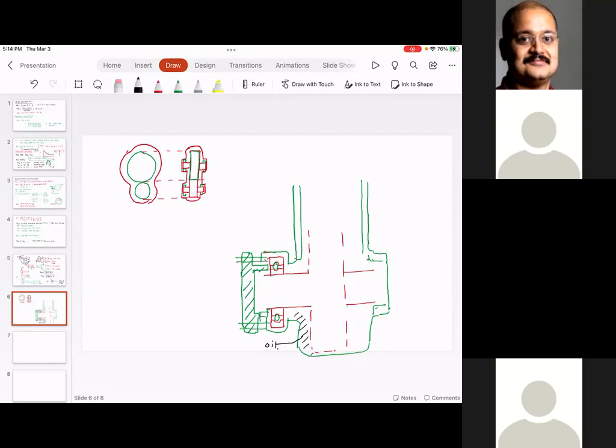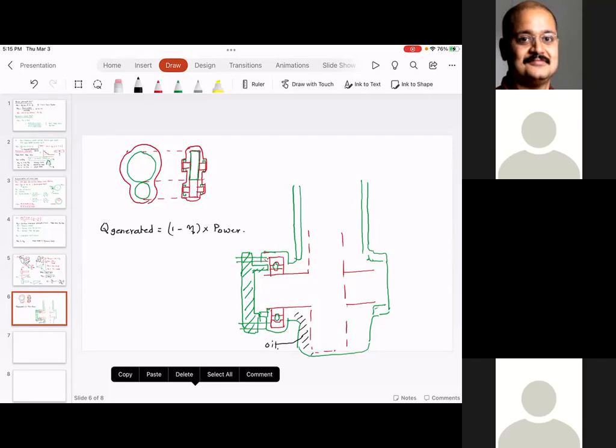So the way you do it is you look at the heat generated, Q generated, is equal to 1 minus efficiency multiplied by power transmitted.